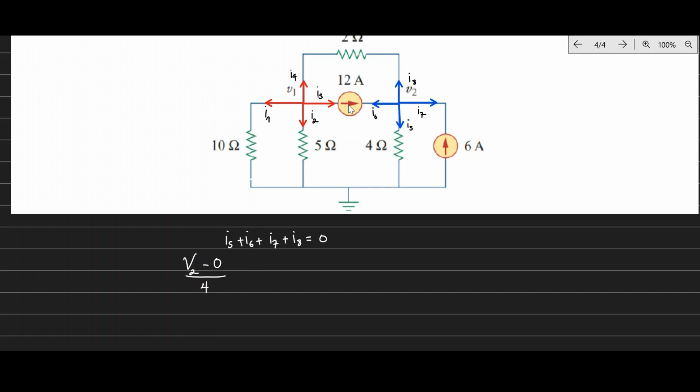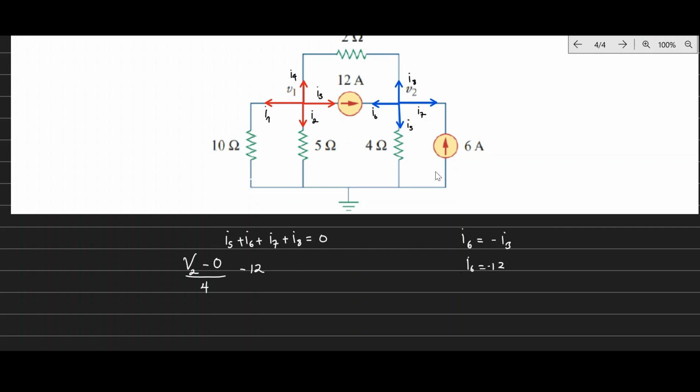If you notice here, I6 is in the opposite direction as I3, which is negative I3, right? Because they're opposing each other. It's opposing this 12 amps. So I6 is simply negative 12, just moving the opposite. So this is minus 12.